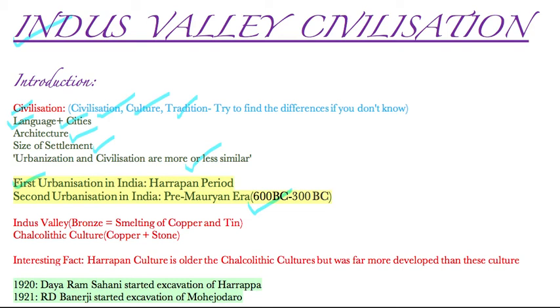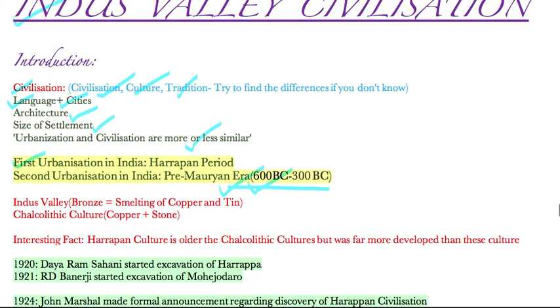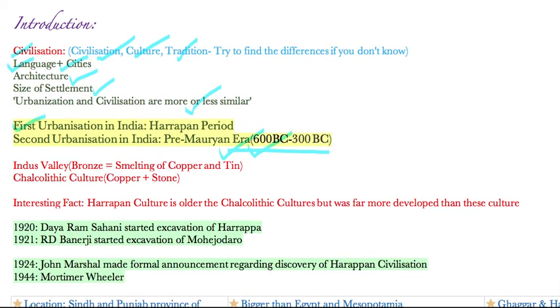During that period, a lot of cities were formed, like Vaishali and Pataliputra. We will also deal with that when we discuss the pre-Mauryan era. So now, the Indus Valley was a Bronze Age civilization.